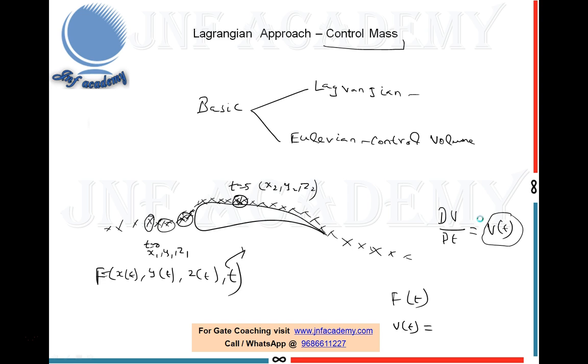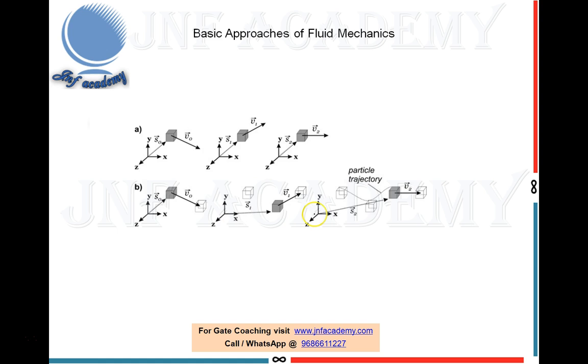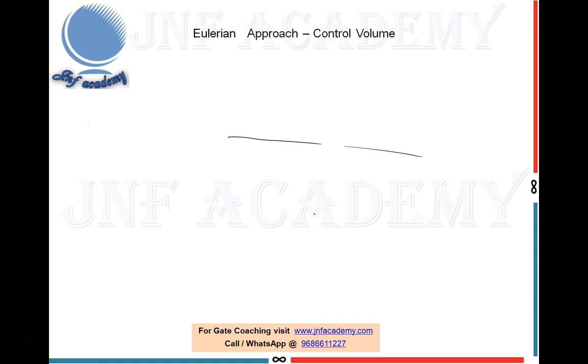The second one is the Eulerian approach. What did Eulerian say? This might be a little difficult. What Eulerian said is, let's do one more thing. Let's fix this space like this, and let's call this a control volume.